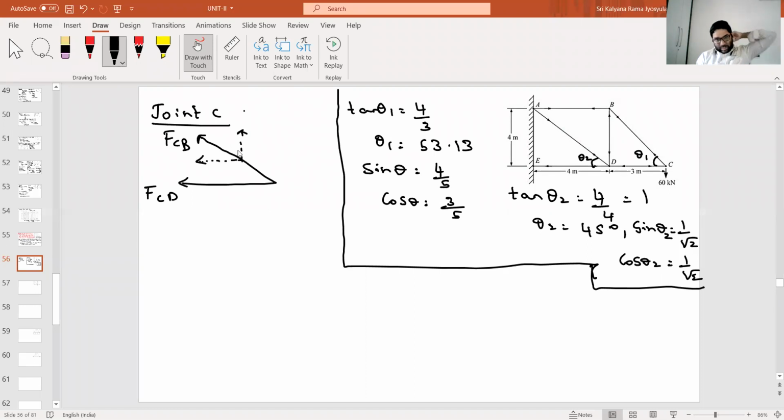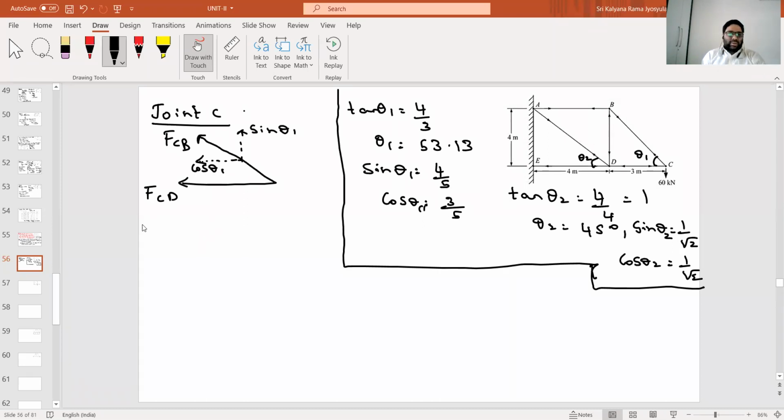So this is sine theta 1 and this is cos theta 1.